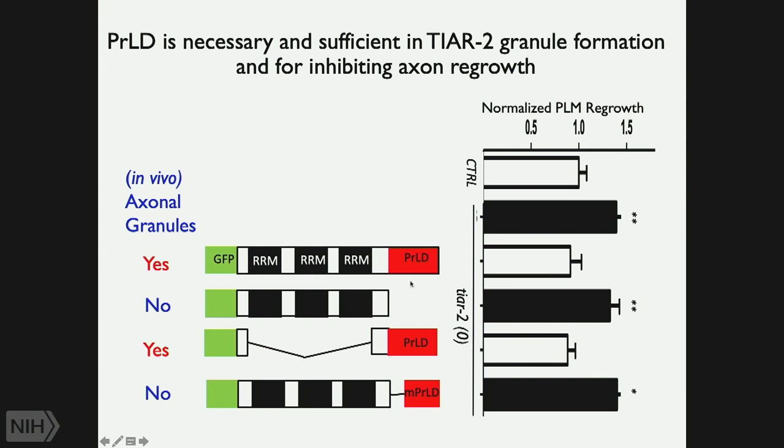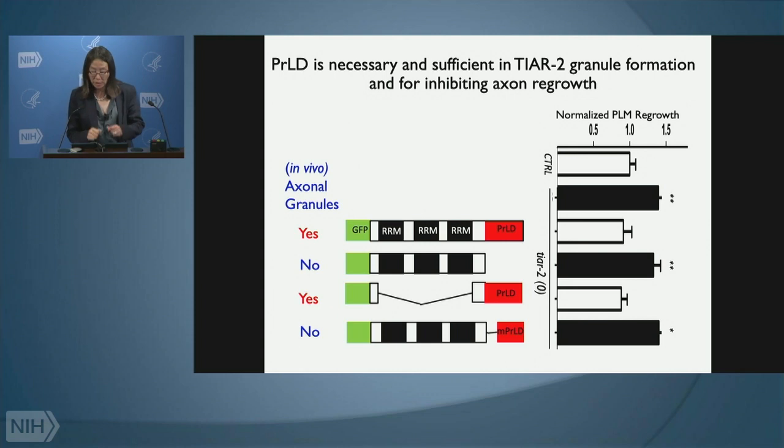But when he perturbed the prion-like domain, even a small domain, it abolished the axon granules and also abolished its functional activity. So really it is this small domain that can nucleate granules, and it's what provides the TIAR-2 function.